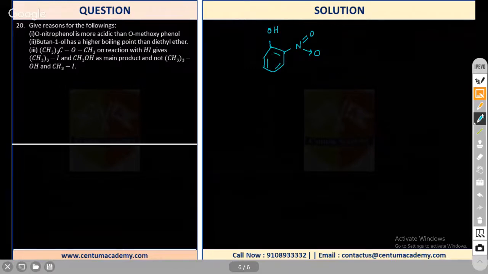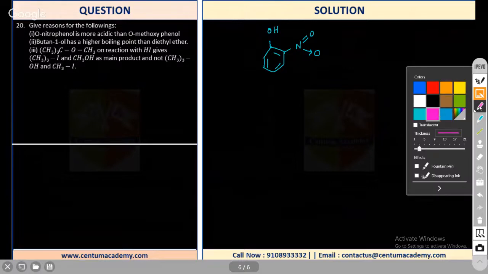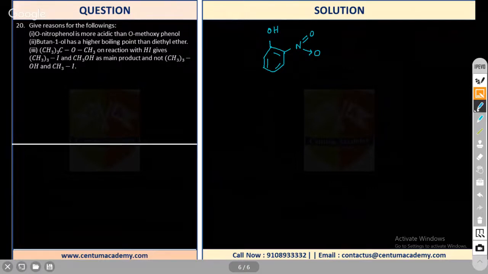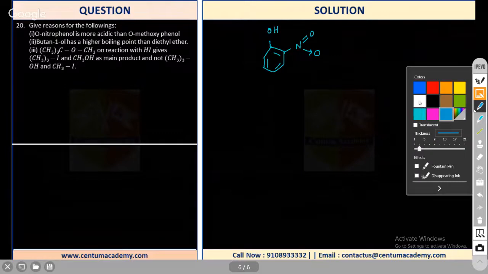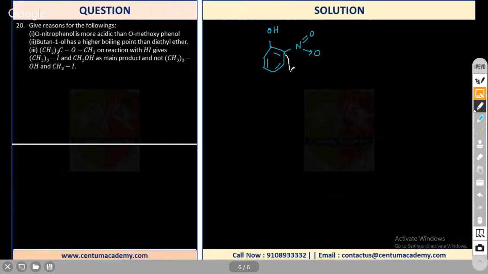So you see here, this carbon is sp2 hybridized, right? And we have an electronegativity difference between this carbon and nitrogen. So because of this electronegativity difference, it can show minus I, right? That's fine. But because of the resonance also, pi sigma pi resonance with this ring, it can show minus R also. Or we can also say minus M, both possible.